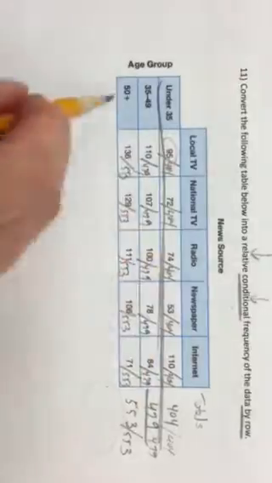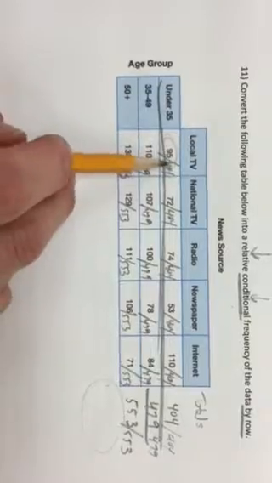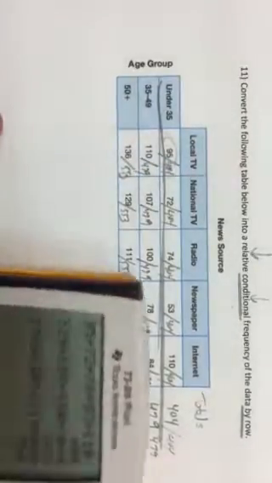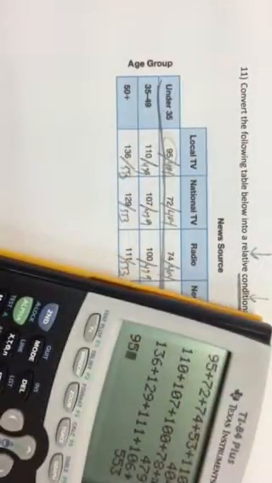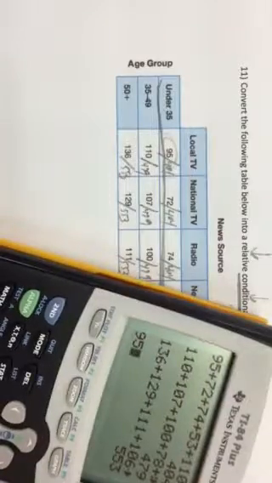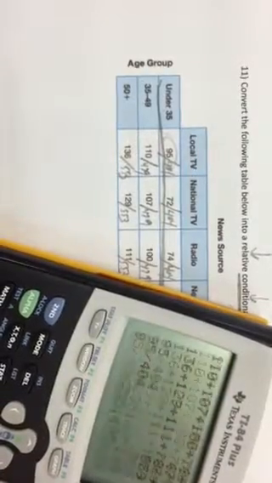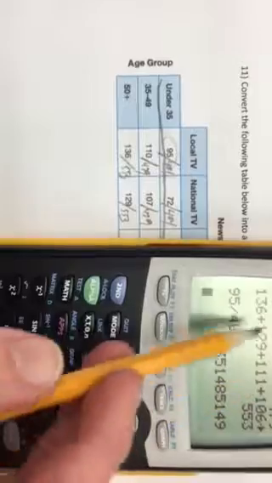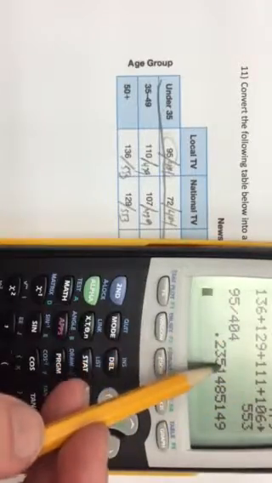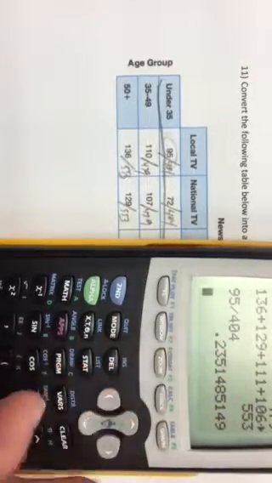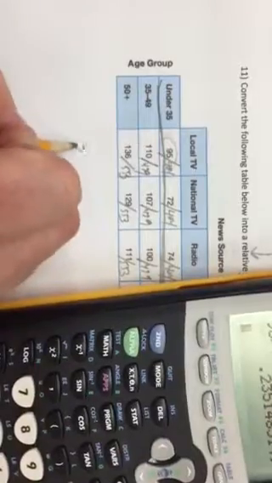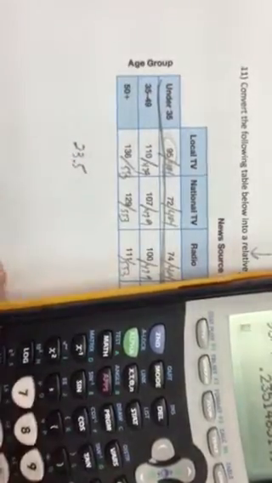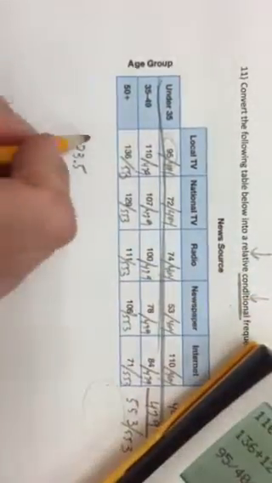However, this is not a very good way to leave the chart. It's important that you know how to translate these into decimals and or percentages. So what we're going to do is take these and do 95 divided by 404 and remake the chart so that they're in decimals. They show the proportion. So 0.235 should be here in our new chart.